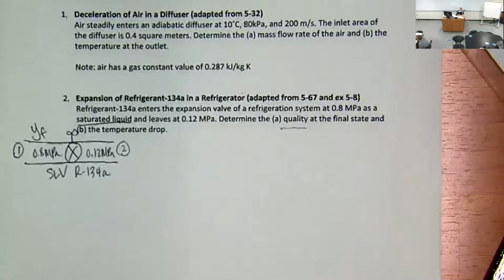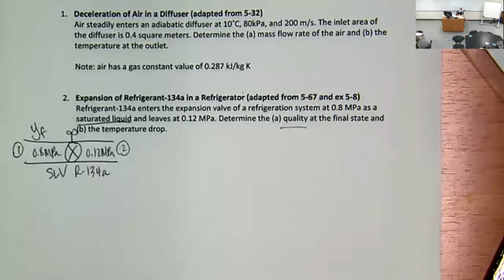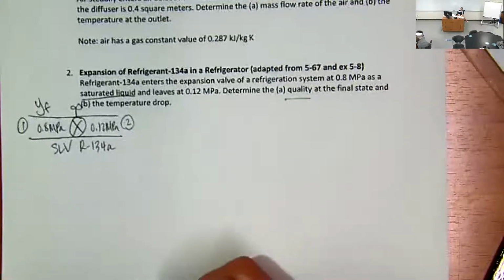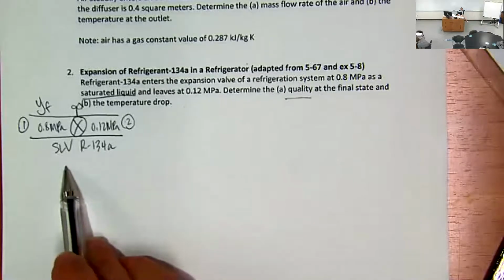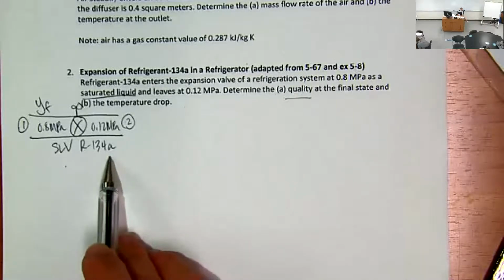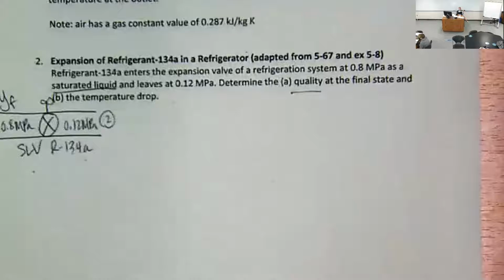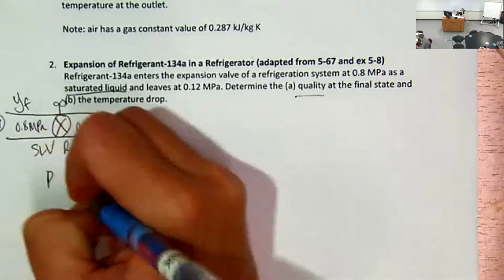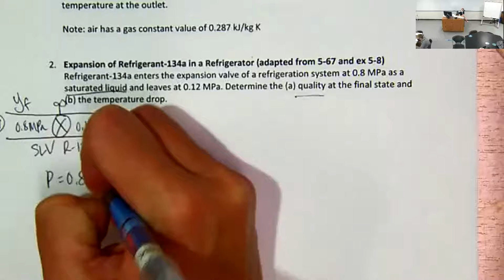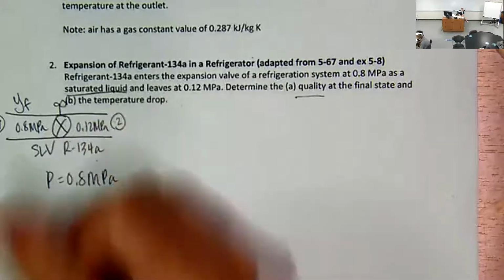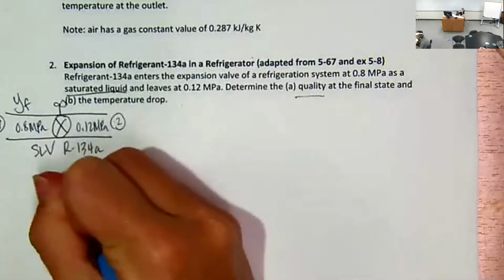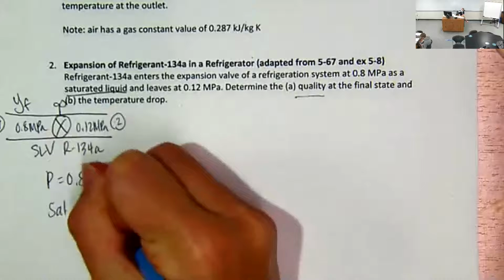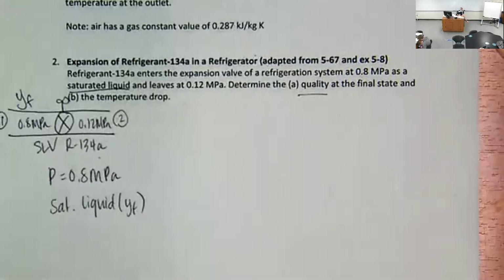So when we go to our table A12, which is our saturated liquid vapor for a R134A refrigerant, we can see that our pressure is 0.8 megapascal. We are a saturated liquid, meaning we are only this subscript f.